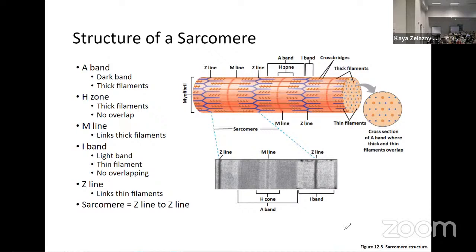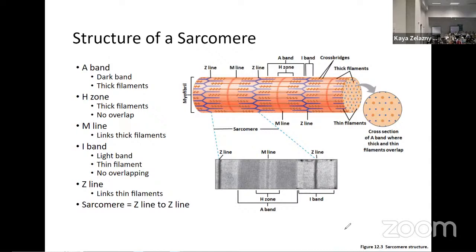But they're important because they do correspond to specific parts of the proteins, and specifically, they're going to tell us zones where we have our filaments overlapping or not. And if not, we're going to be able to identify which filament is present.